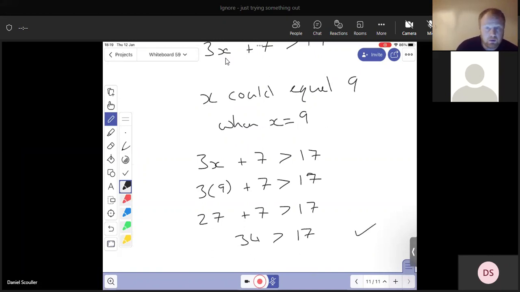So that's correct. When x equals 9, that could be a solution to that equation. That's what we're looking for. Remember, these letters are just unknown variables. If that was to equal that, you'd only have one answer, but I could put in a range of answers for this. So it doesn't just have to be x equals 9, it could be a range of different answers that fit into that equation.